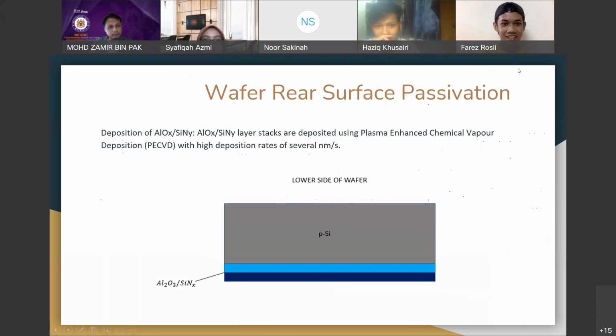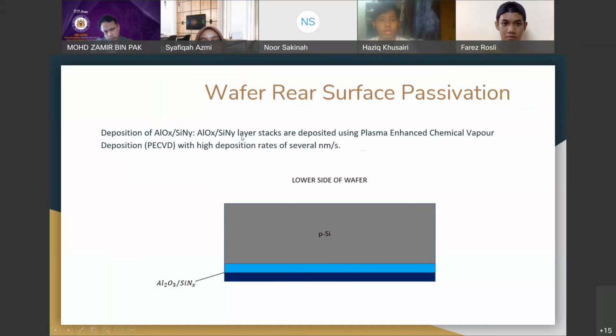Alright, then for wafer rear surface passivation, moving on from the upper and the front to the rear surface, we have a deposition of AlOx or silicon nitride, aluminum oxide or silicon nitride.